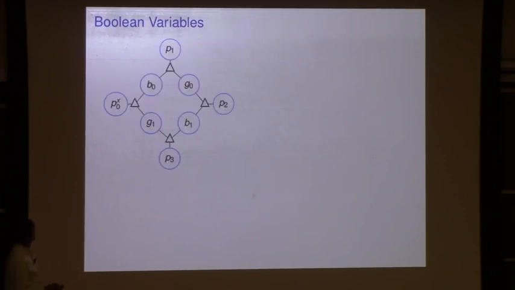Okay, so Boolean variables. So that's a Boolean variable. Well, let's just think. There's some boys, and there's some girls, and there's some pets. And there's some triples.